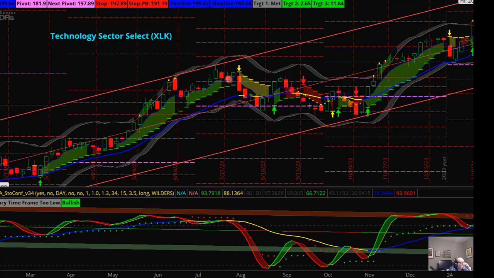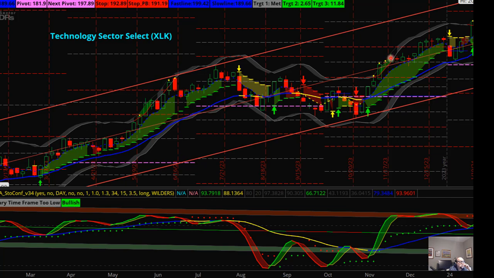We're looking for a top by late July, early August. We got stopped out here, this yellow arrow. Got a few, a buy, a sell, and we got down into the early part of November. A strong arrow here, so this corresponded with the quarterly pivot and the Jerry Watch positive signal.